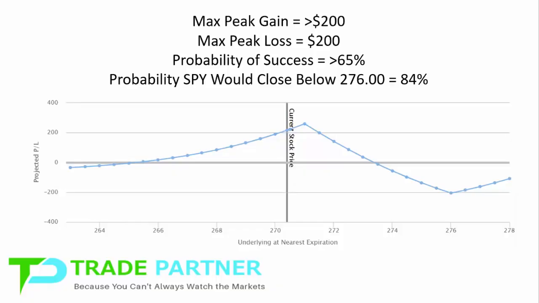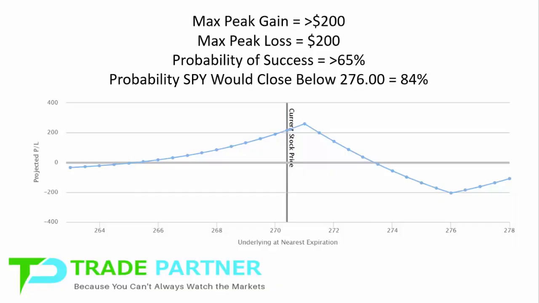And then the probability that SPY would close below 276 is 84%. So there is less than a 15% chance, and actually much less than a 15% chance, that I'll actually suffer the maximum loss on this trade at 276, because it would have to close right at 276.